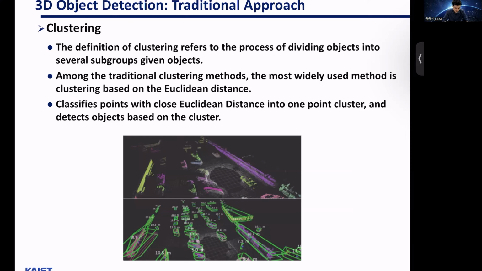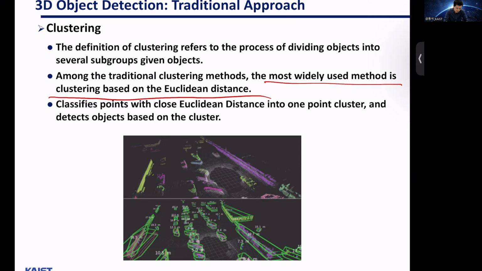There are different clustering methods, but the most widely used method is clustering based on Euclidean distance. So when we have point clusters, we can consider that as one object.